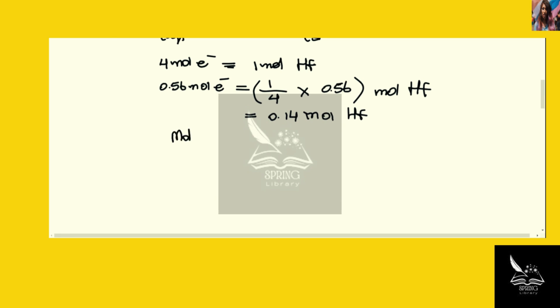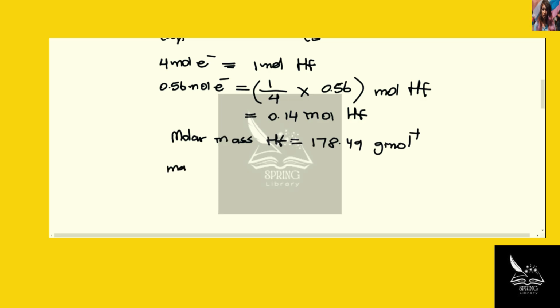Molar mass of hafnium is equal to 178.49 grams per mole.